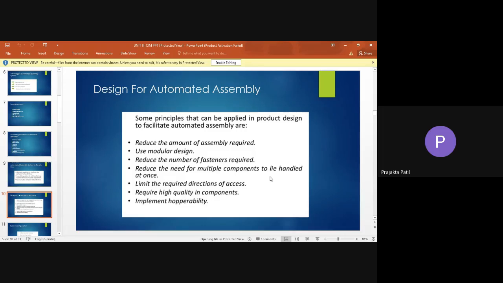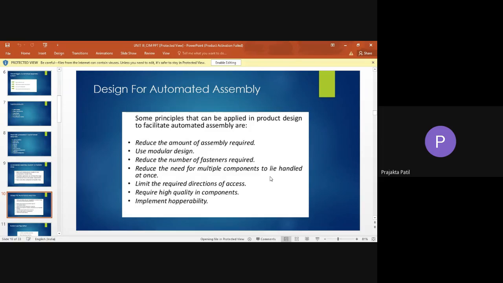In those devices, if the quality of the components that you put in is not good, it can jam or clog those devices, leading to a halt of the complete assembly system, or it can even finally lead to a poor quality product. So the quality of the components that you are going to use for these assembly operations has to be good. It requires very high quality components. A consistent good quality of product must be ensured for high performance of an automated assembly system.